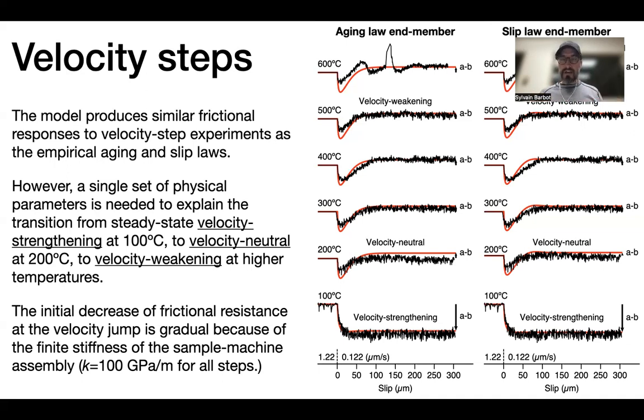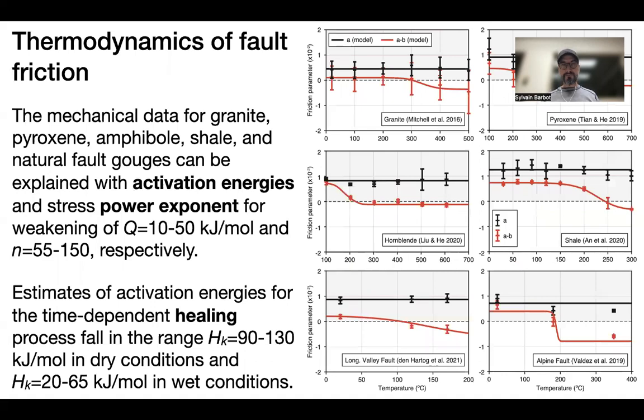So that's for how the model performs to explain wet pyroxene. We can do a similar exercise for some other data. For granite, for hornblende, which is a metamorphic phase found in subducting slabs, for shale, and for natural samples from the Longitudinal Valley Fault or the Alpine Fault in New Zealand.